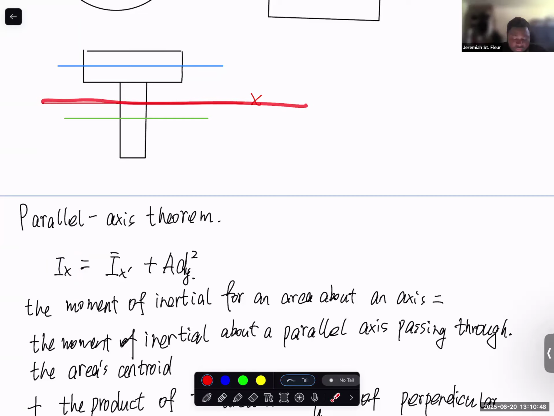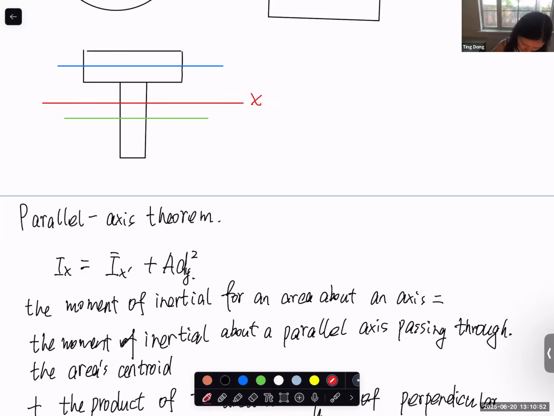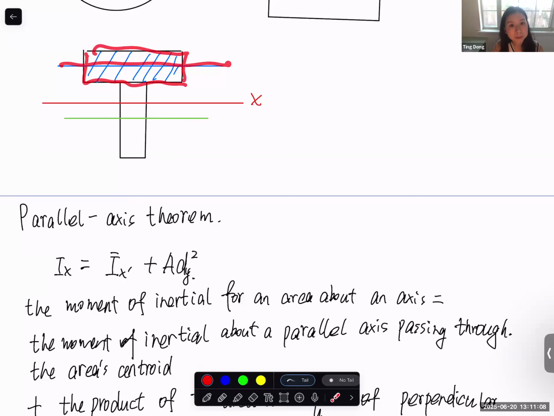And it's equal to, for the top part, this blue line means the neutral surface, a line that passes through the centroid. If we only consider this top part, this is the neutral surface of the top part.